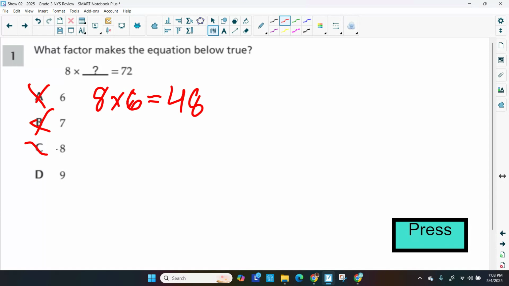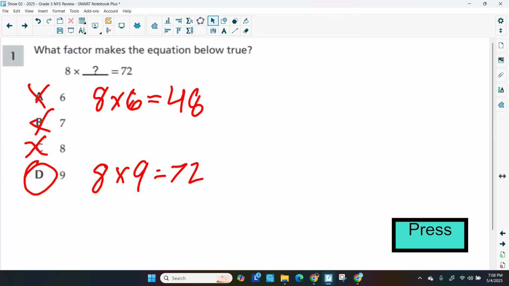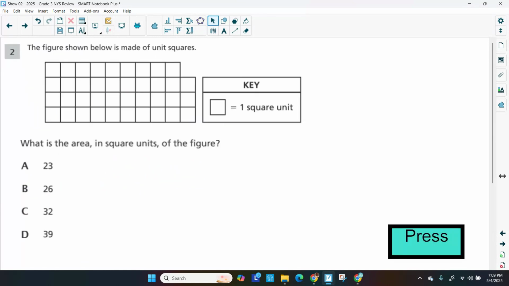Right, that's not it either. But 8 times 9 equals 72. Right, I agree. So it's D. Good girl. Got to know your 8 times tables. The answer was D. Good.